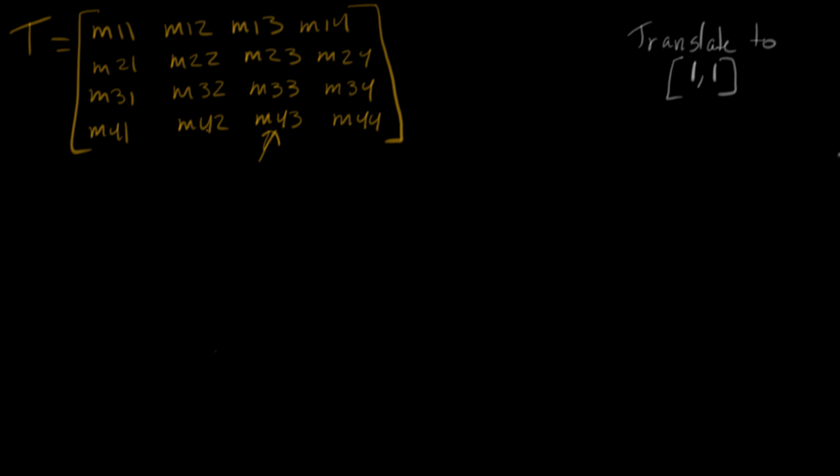Now we need to translate to 1, 1. So we need to create a translation. A translation matrix only operates on the last row, the 4th row. This row here.